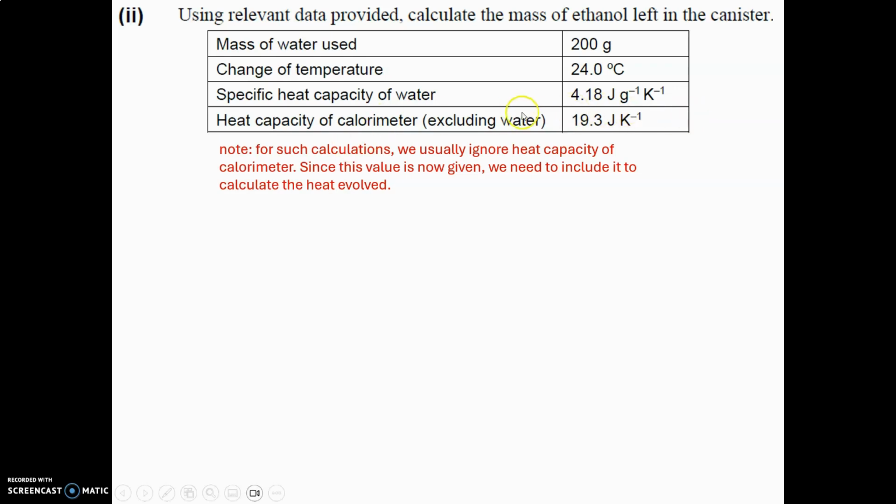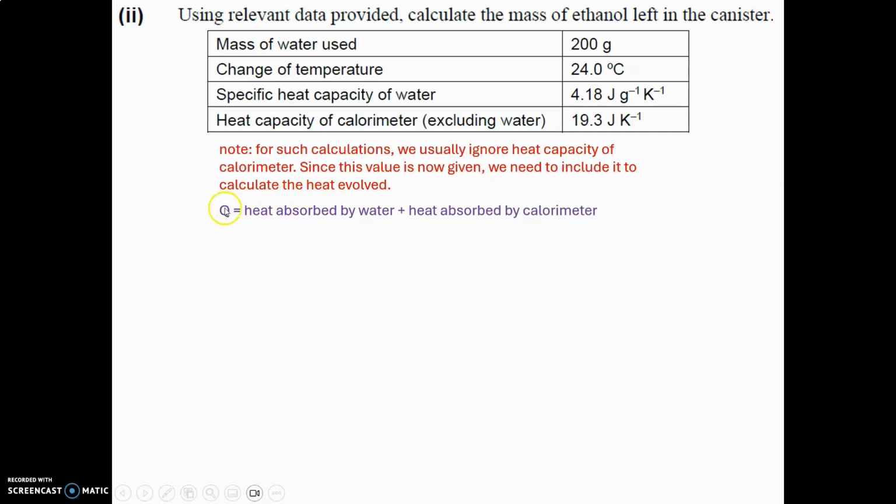But in this case, we have given you the heat capacity of the calorimeter, and this is a hint to you that you need to use it in your calculations because the calorimeter also absorbs heat of its own. Okay, so in this case, we need to modify that equation a bit.